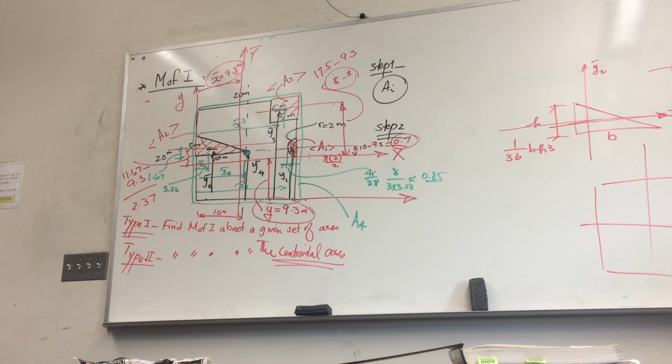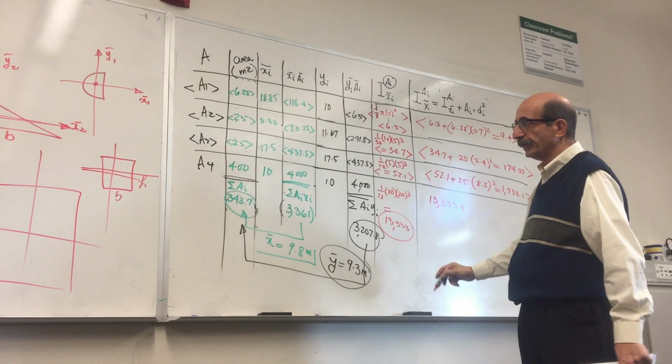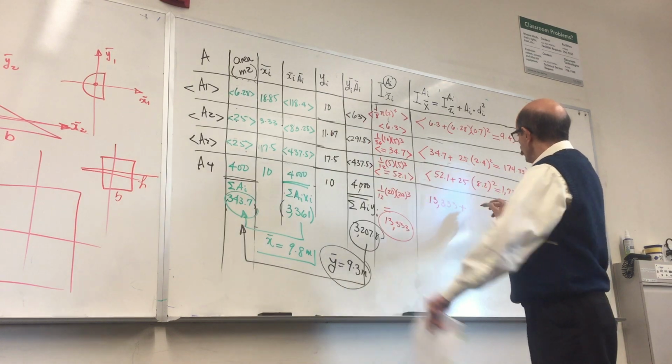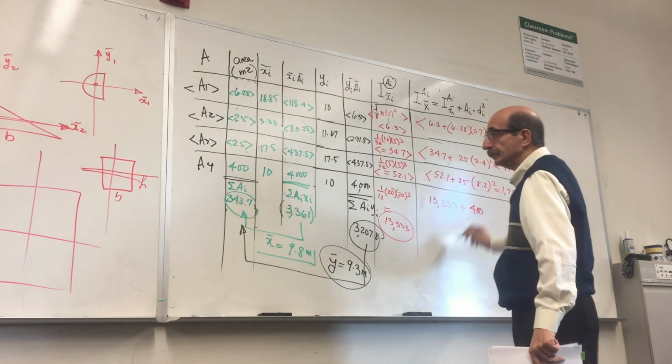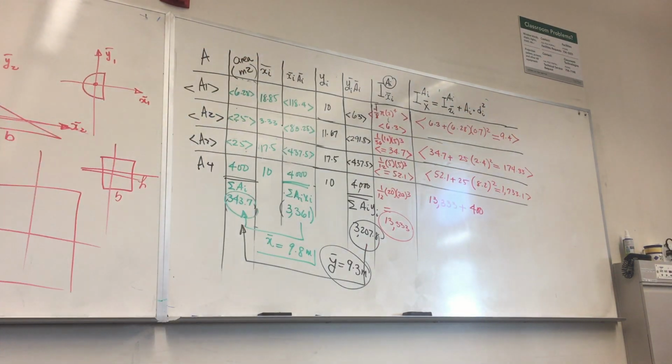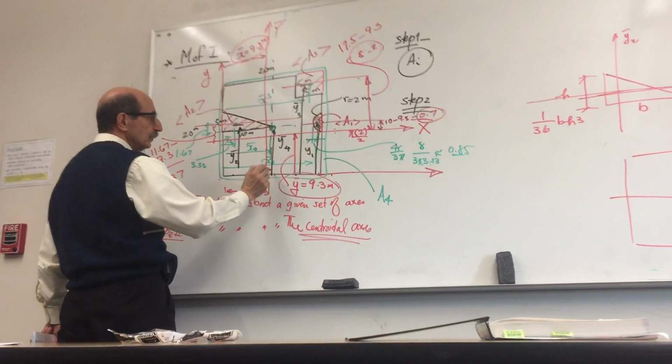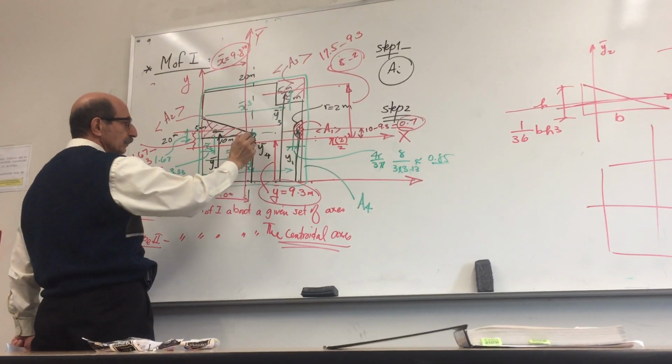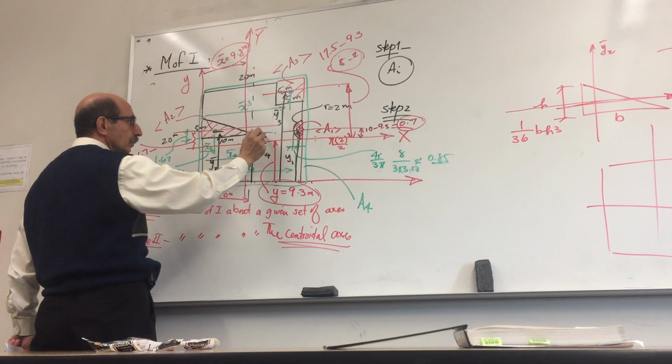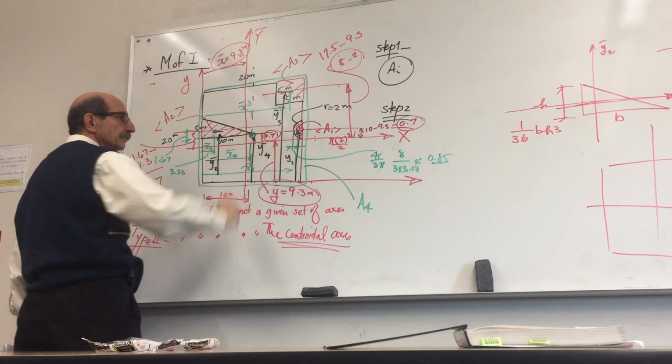Same thing about the last one. You have the moment of inertia about its own centroid, which is 13,333, plus its area, which is 400, times the distance between its centroidal axis and this axis, which is 10 minus 9.3, or 0.7.